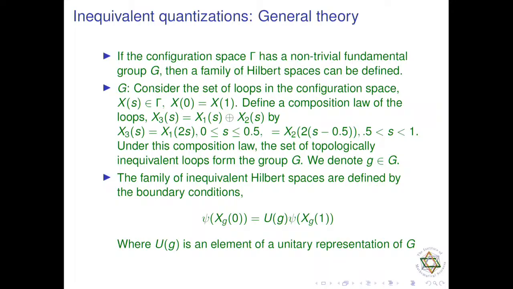So that defines your classes, and that's the general formalism. Anyons are a manifestation of this inequivalent parameter, which parameterizes the group. I don't know if I've got this algebra right, but what this is supposed to tell you is that if x3 is x1 composed with x2, you go through x1 first, then through x2.